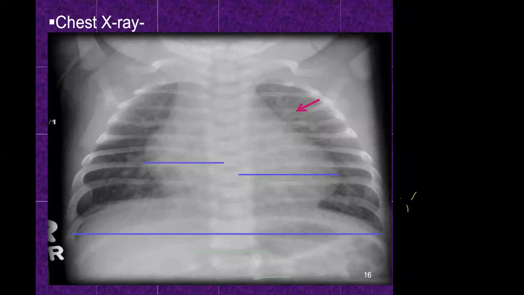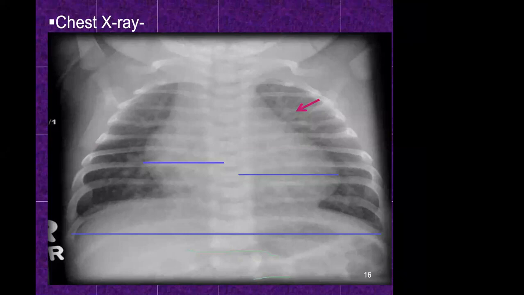What about the pulmonary vascular markings? Don't you think they are more prominent? The patient is going to need some diuresis as well. So the good thing is cardiomegaly, definitely the RA is enlarged and the RV is also enlarged, and there are prominent pulmonary vascular markings. So now coming towards the management.